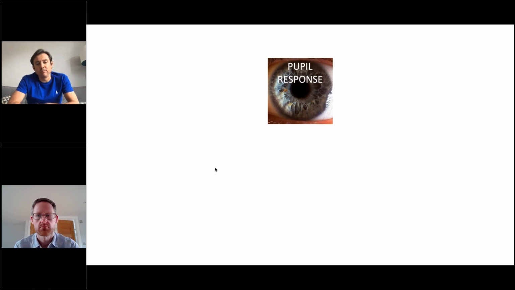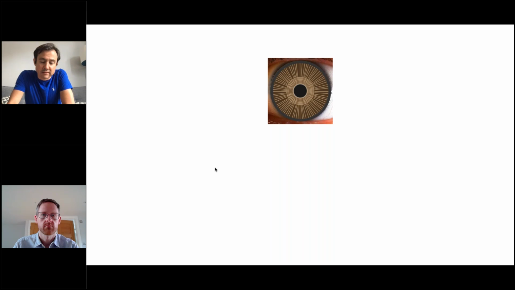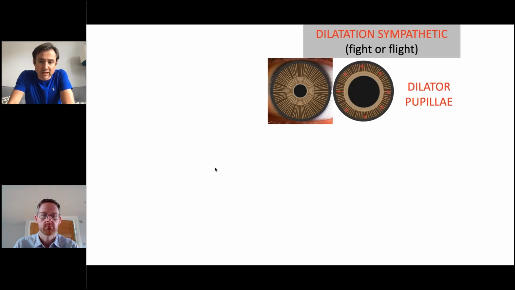So the pupil response. I've added a little bit of basic discussion, I hope it's not too basic, about the pupil response. In the eye, you have two types of muscle. You have the dilator pupillae, which is controlled by the sympathetic nervous system. This is the fight or flight response, and it's about opening the iris, letting in as much light as possible as you're about to fight or flight.